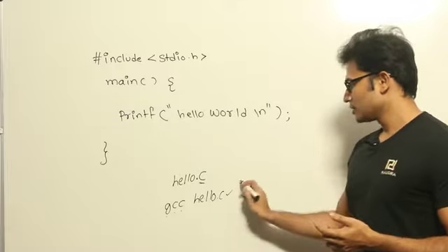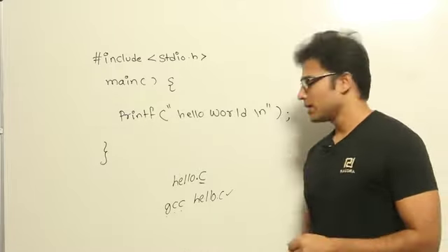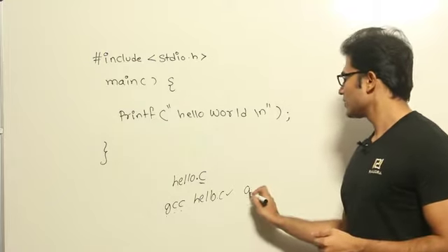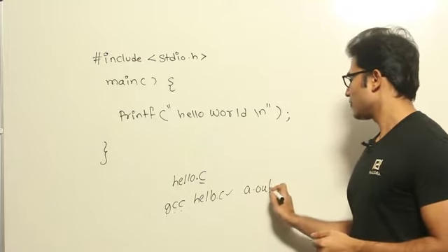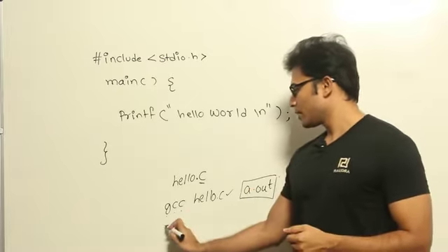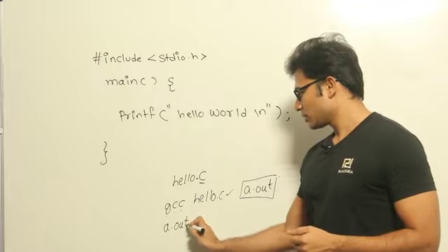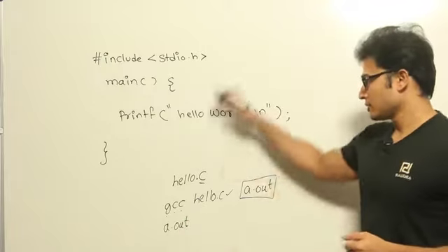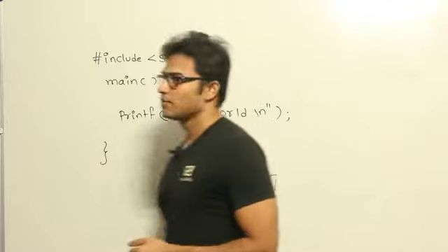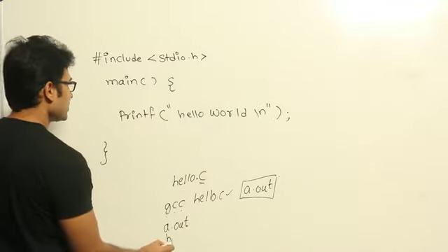If you compile this program, then in the same folder you are going to get a.out, which is created as the compiled file. Now go to the command prompt and just give a.out. It is going to run the program, and as output you are going to see hello world printed.